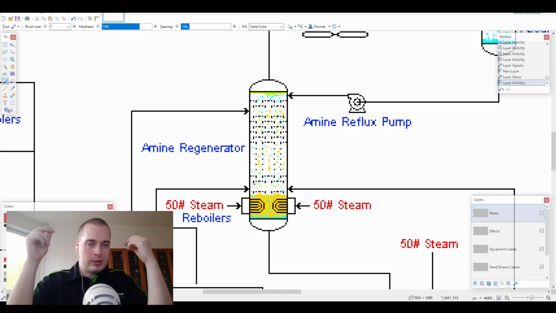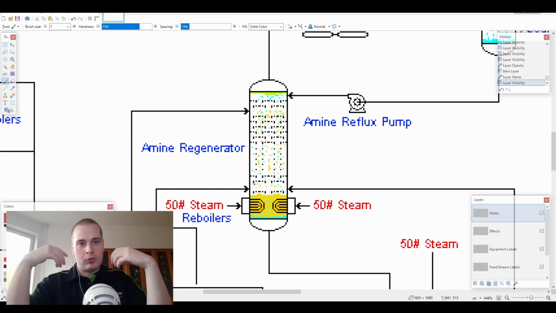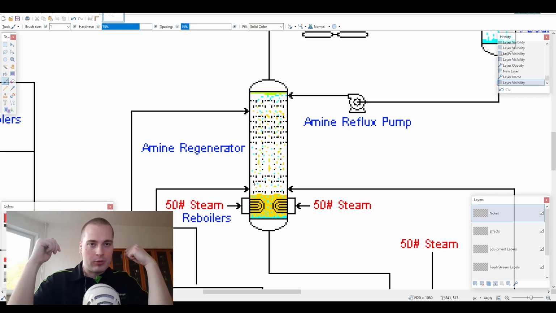And this is our stripping steam. It's a steam that helps transfer the heat, because, like I said, in order to get rid of the hydrogen sulfide that has been absorbed by the amine, we have to add heat for the amine to release the hydrogen sulfide.